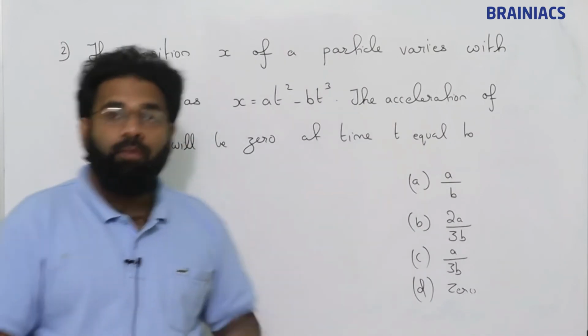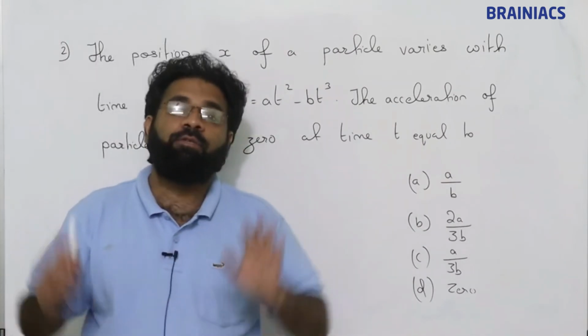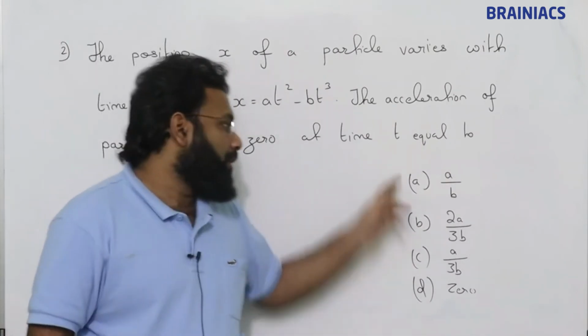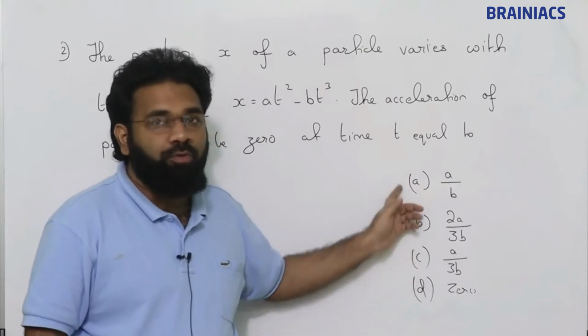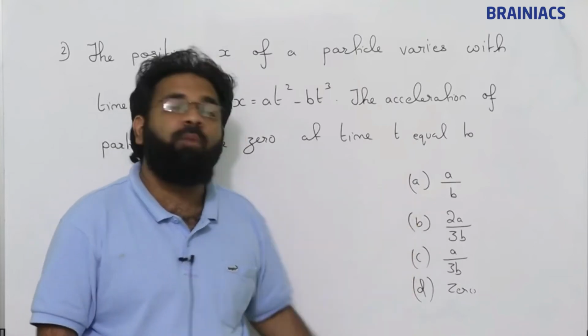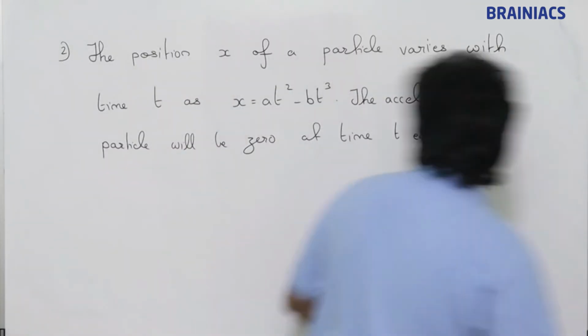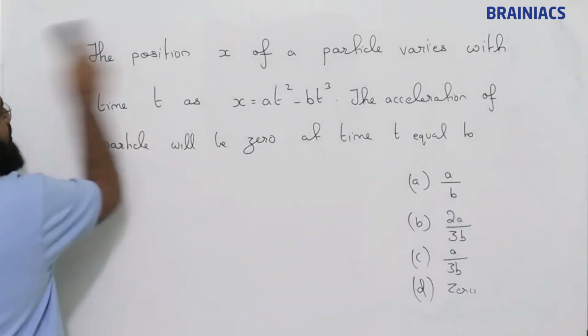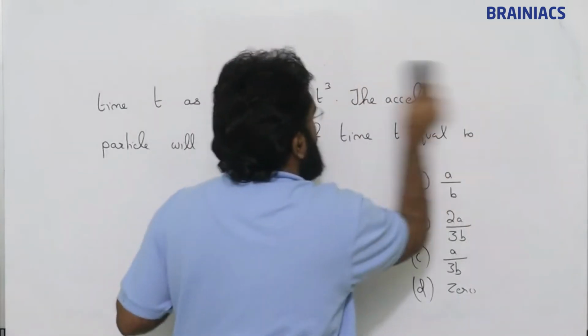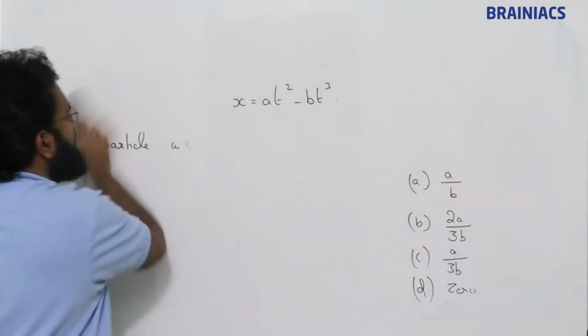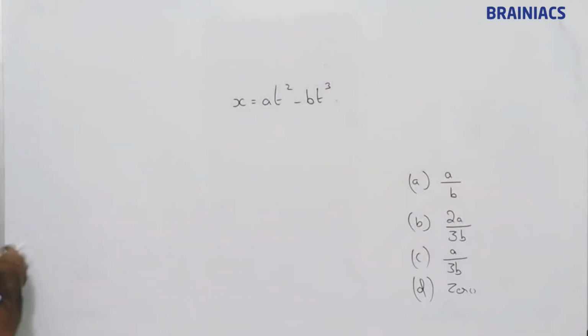They need at what time acceleration will be 0. Options are not given like 2 seconds, 3 seconds, something like that. They have given in the form of equation. So how to approach this problem? Position is given. x is equal to a t square minus b t cube.